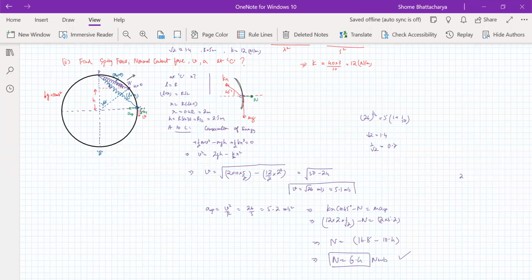Now we also need to find acceleration. So for acceleration, we've already got centripetal acceleration, but we need tangential acceleration. So along the tangential direction, mg minus kx sine 45 is equal to mass into tangential acceleration.